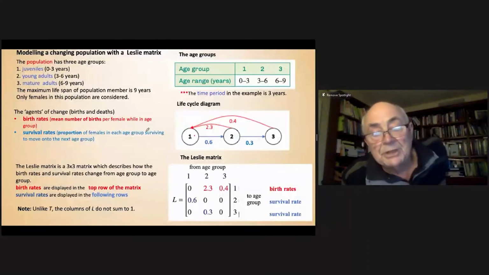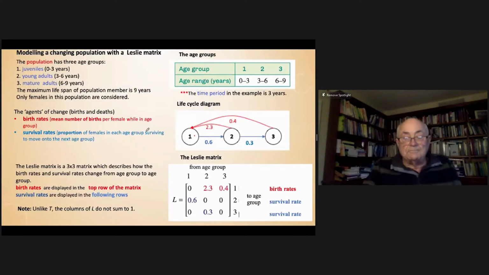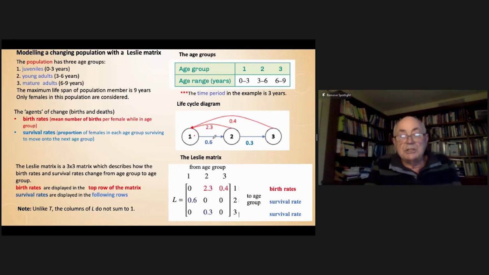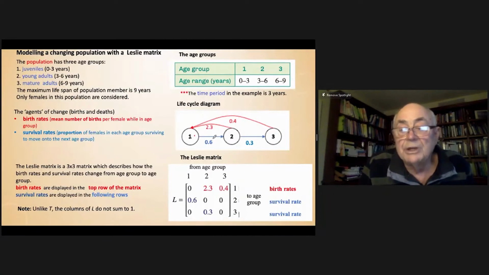It's not a big limitation, but we're only dealing with females. So if we look at that, we've got a blue arrow going from age group 1 to age group 2. That 0.6 tells us that 60% of the pups, that is the female seals in the lower age group, survive long enough to go into the second age group.